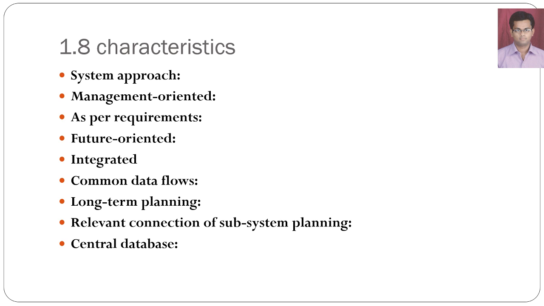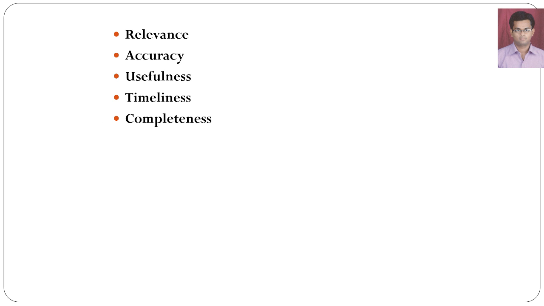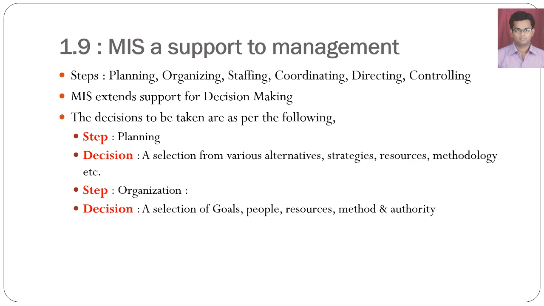First and foremost is management oriented, whether it is as per the requirements, whether it is future oriented, whether it is integrated, whether common data flows are highlighted, whether long-term planning is basically exercised, whether relevant connection of subsystem planning has been done or not, and simple databases. Further, it throws light upon relevance, accuracy, usefulness, timeliness, and completeness as well.